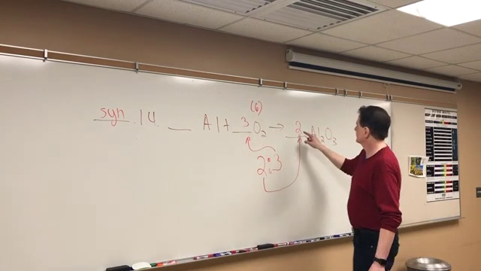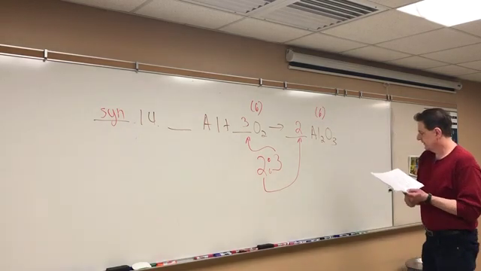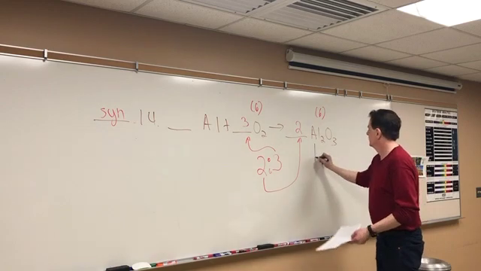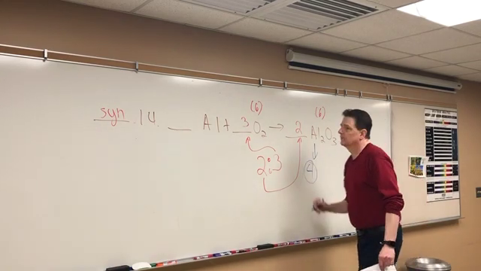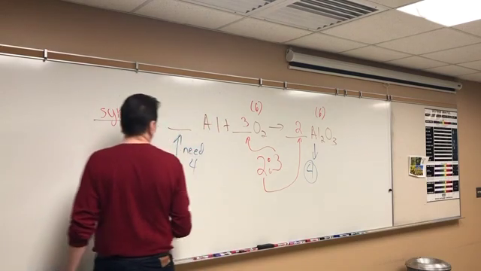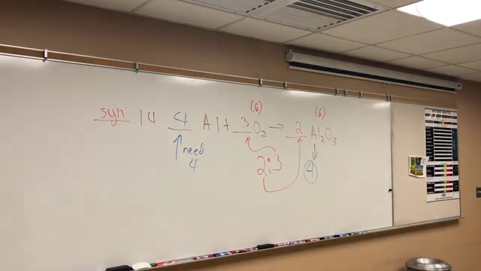I have 6 here, coefficient times subscript. I have 6 there. So the last thing I need to fix is Al, coefficient times subscript, which means I have 4 on Al. So what I need here is 4. The only way I can get 4 is put a 4 in there, and that one's done.